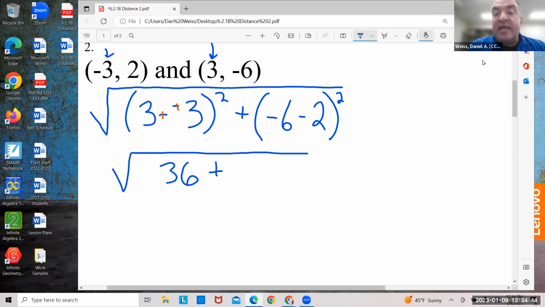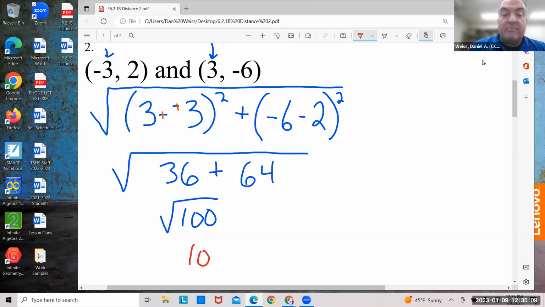Plus negative 6 minus 2, that's negative 8, right? So negative 8 times negative 8 is 64, right? 36 plus 64 is 100. What's the square root of 100? 10. Okay. That's all I want you to do.